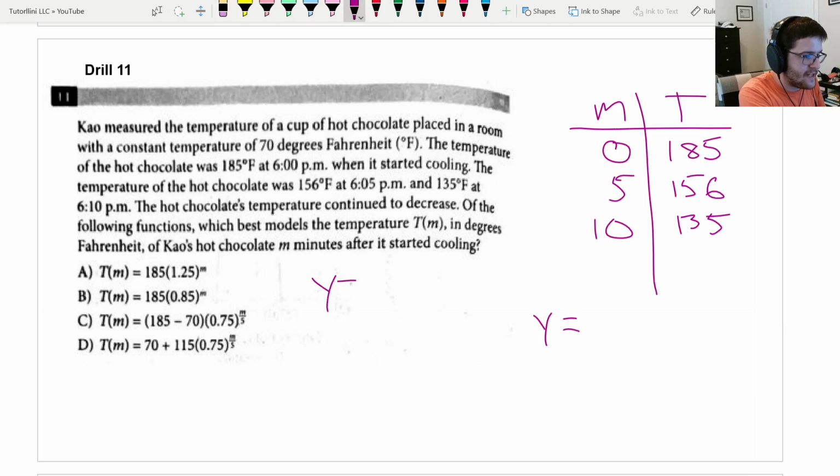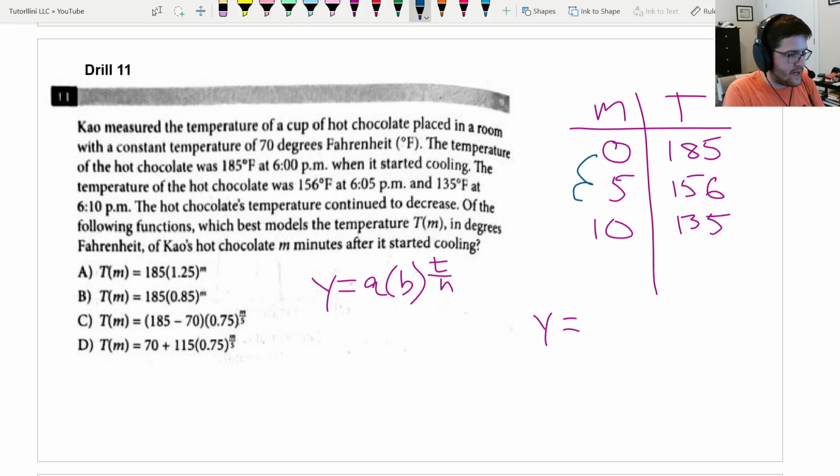It's really like a times b to the t over n because there's an interval. See how it's going up by 5? So there's an interval of 5. All these equations are so different. I'm not sure there's really a good way to figure this out organically. I'm going to start guessing and checking. We'll come back to it.